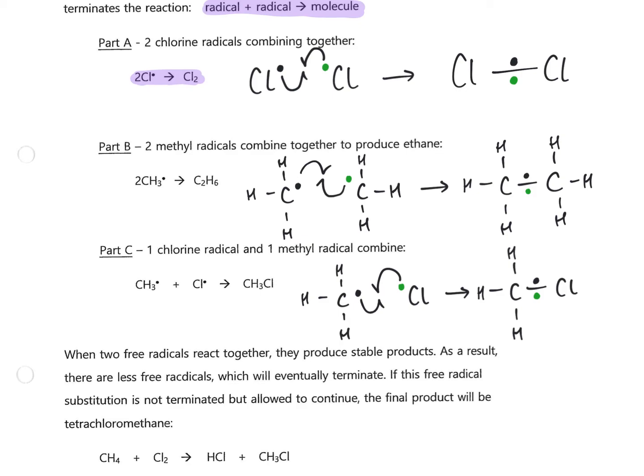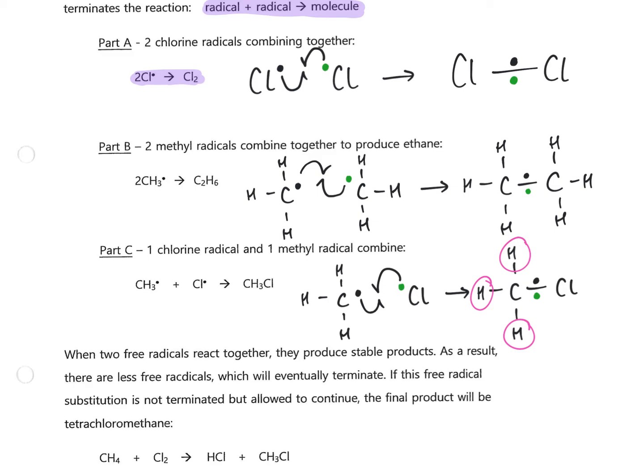This is probably the most straightforward step, because just think of the two different types of radicals that you have in this reaction. You have a chlorine radical, a methyl radical, and any combination of those two can come together. And we have to terminate this reaction if we want our product to be just chloromethane, if we don't want these other hydrogen atoms substituting for other chlorine atoms.